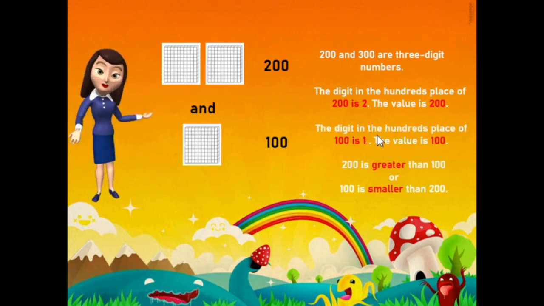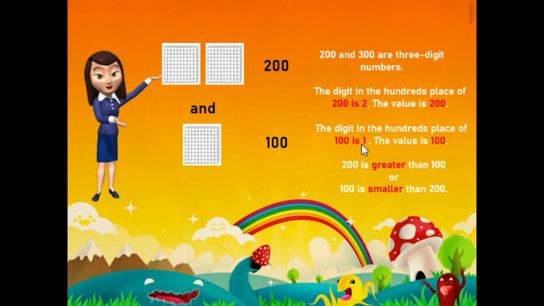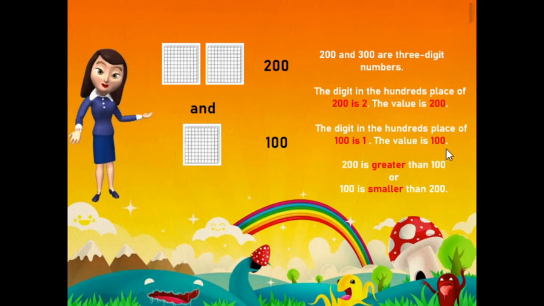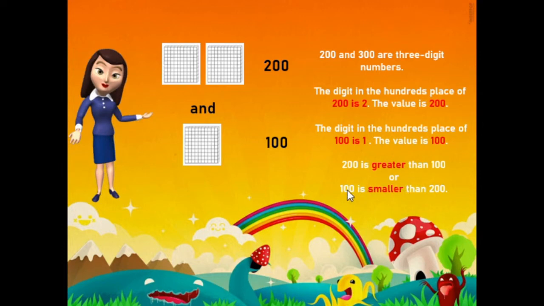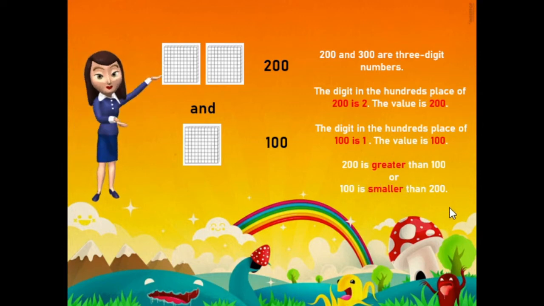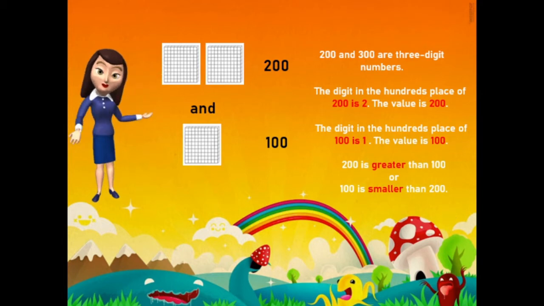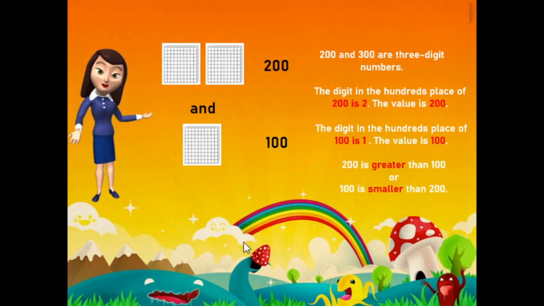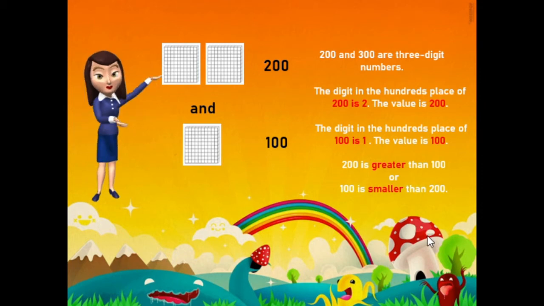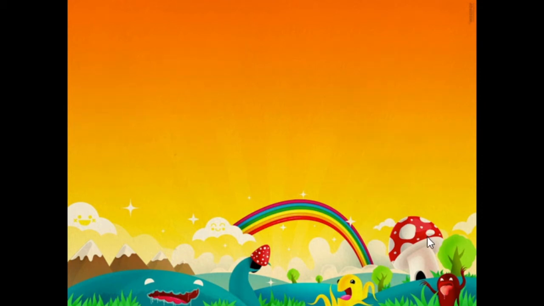And the digit in the hundreds place of 100 is 1, and so the value is 100. Therefore, 200 is greater than 100, or 100 is smaller than 200. Look at the digit at the specific place and find its value so that it would be easier for you to compare the two numbers.